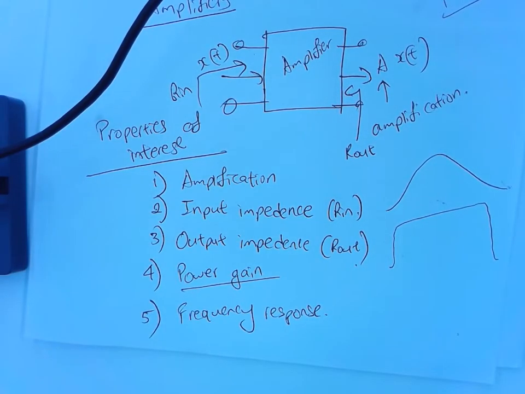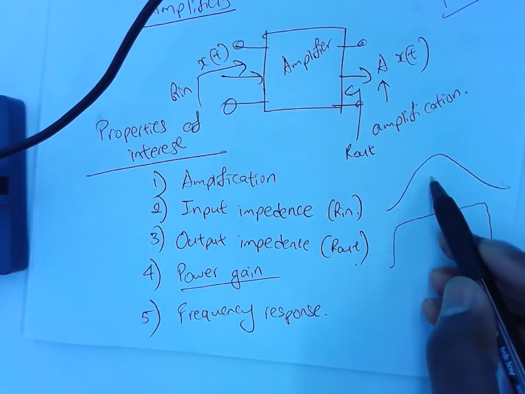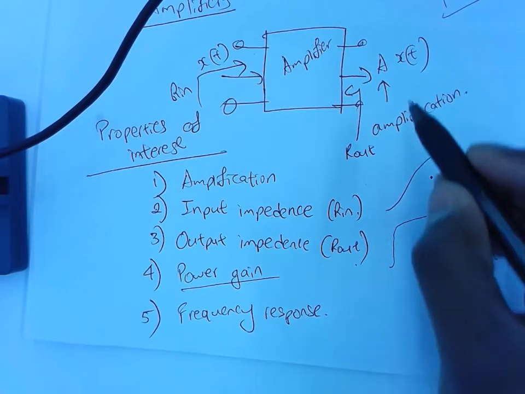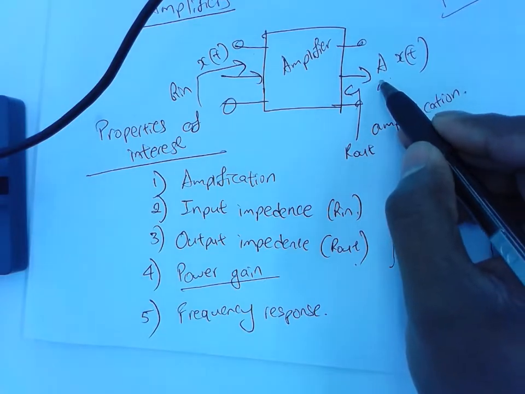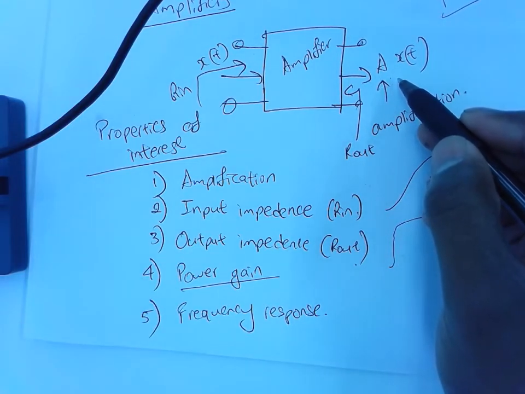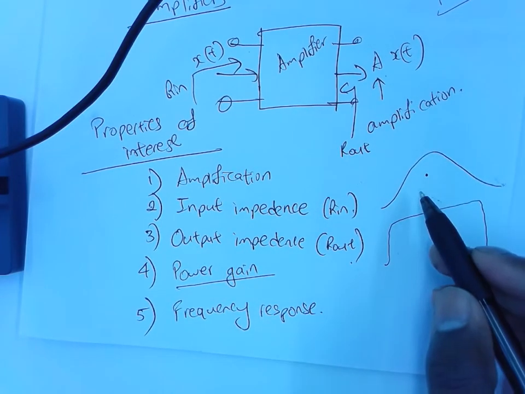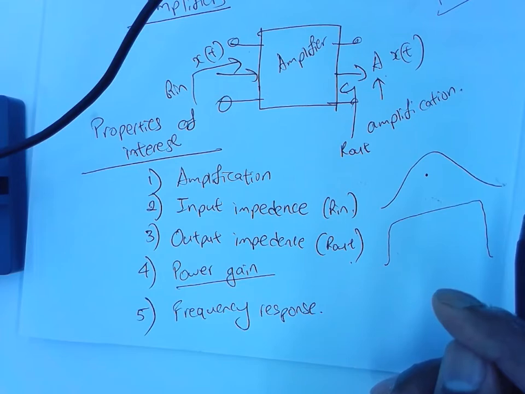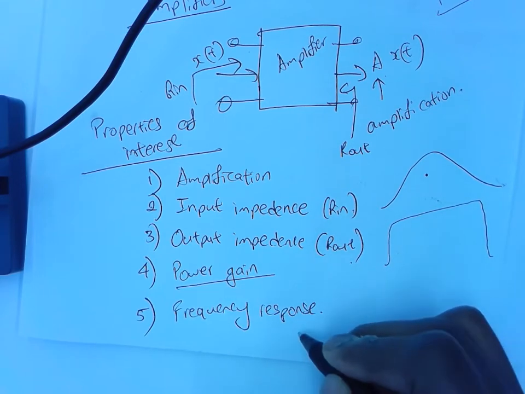If the frequency response is not flat within the range of frequencies you're interested in, it will distort your signal. You just want an output like that, not some complex convolution with an impulse response. If the frequency response is not flat in the region you're interested in, then you're going to have to deal with it. That's why frequency response is very important for an amplifier.